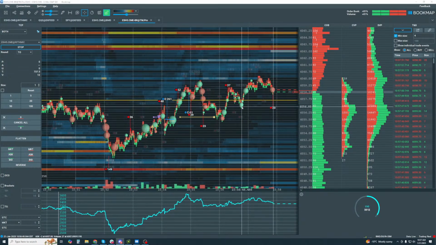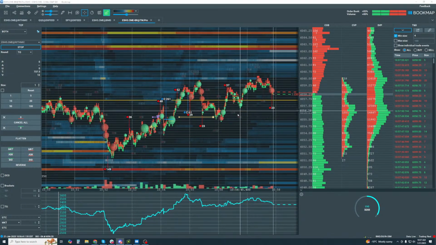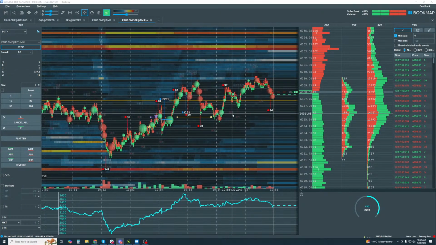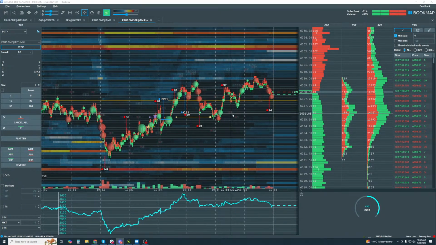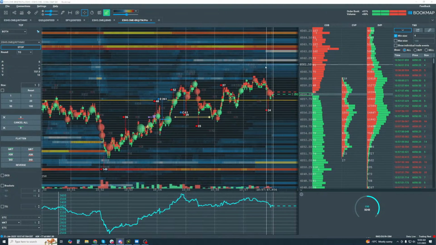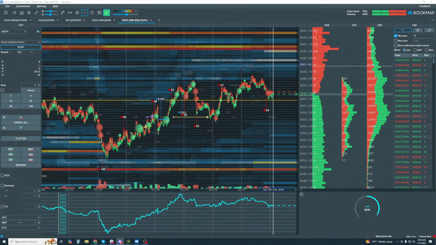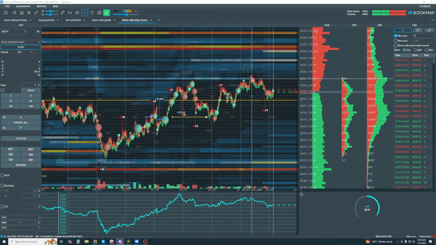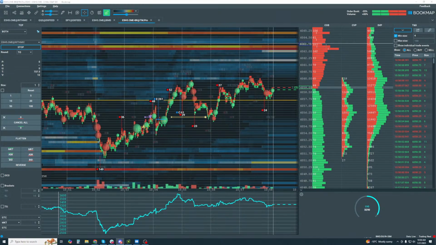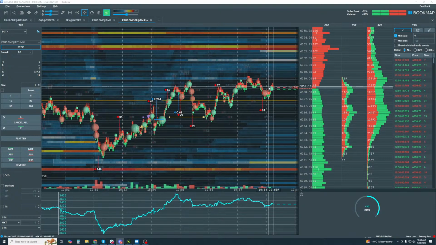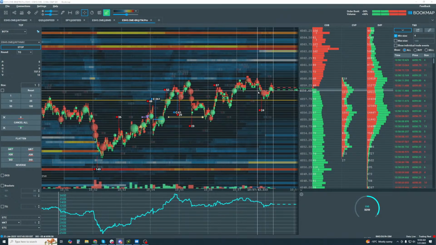Sellers should be able to take it back down to at least 57 or 56 here, unless a change occurs in the order flow, because we're not finding buyers here. And then that hypothesis is wrong.